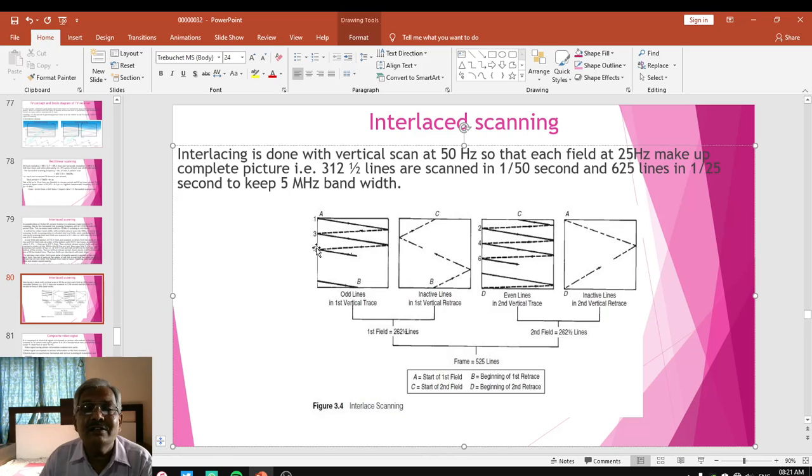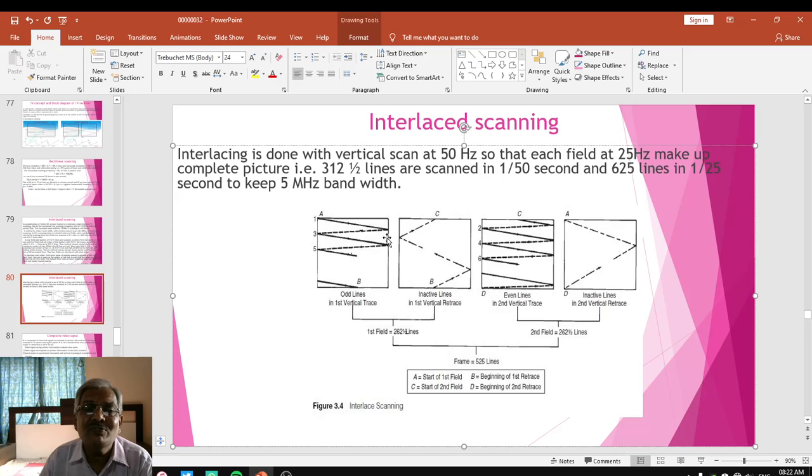Like that, the spot comes to the center of the bottom of the screen. This is 312 and a half lines. Friends, try to remember, here only odd number of lines are scanned, 1, 3, 5, 7, like that, and the last line is 312 and a half lines. This is the odd field, where 312 and a half lines are scanned.